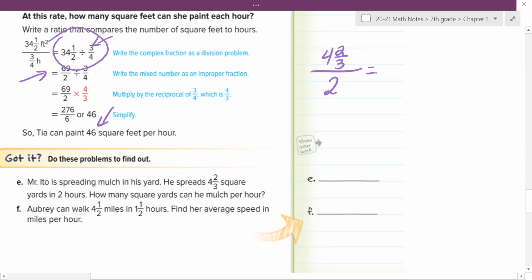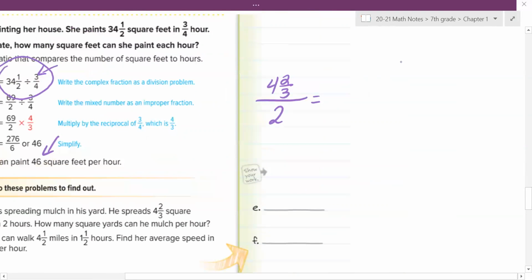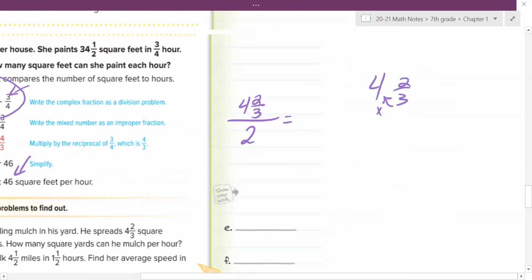If I was doing this longhand, I would need to make the mixed number into an improper fraction. And just as a reminder, when you have a mixed number, you multiply the denominator by the whole number, and then you add that product to the numerator. So 4 times 3 is 12, and then plus 2 is 14.